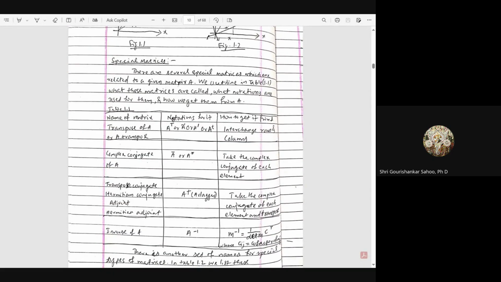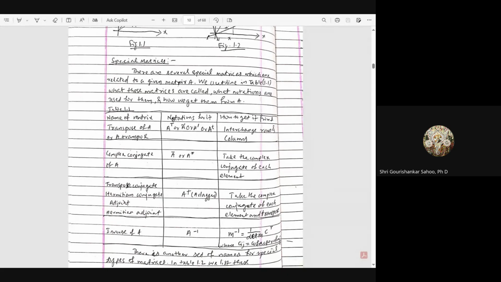So there are some special matrices which are related to a given matrix A, as shown in table 1.1: the name of the matrix, its notation, and how to get it from A. So the transpose of A, or A transpose, can be written as A superscript capital T, or A bar, or A dash, or A superscript small t.